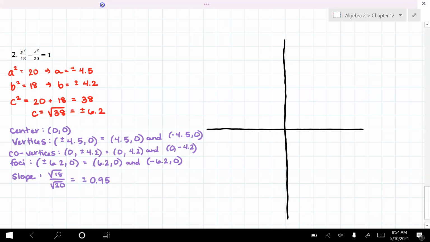So again, my center is at 0, 0. My vertices are at positive 4.5 and negative 4.5. My co-vertices are at positive and negative 4.2, but those are on the y-axis.